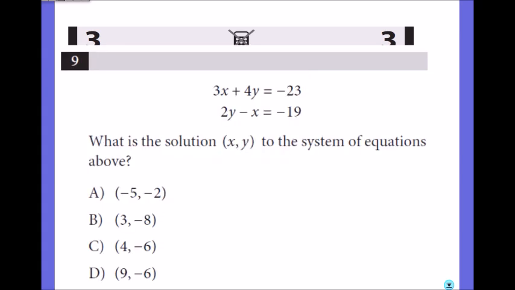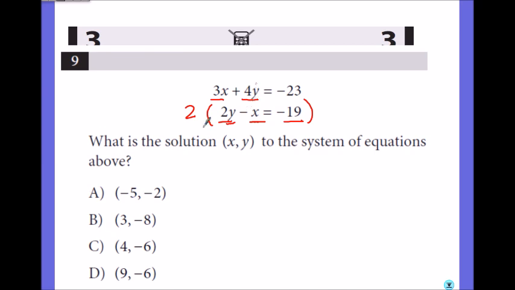9. What is the solution to the system of equations above? There are many different ways to solve a system of equations. I found the easiest way is to use elimination, meaning you make one of the variables the same. So 4y and 2y. If you just double the second equation, multiplying all 3 terms by 2, you will get 4y, and you can easily eliminate it by subtracting from 4y.